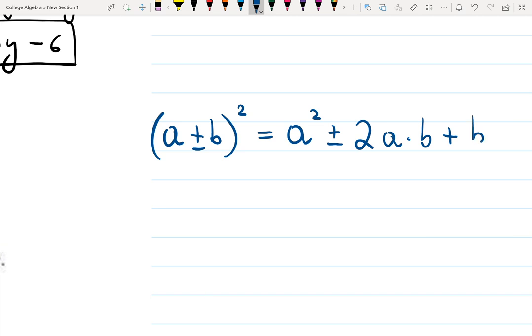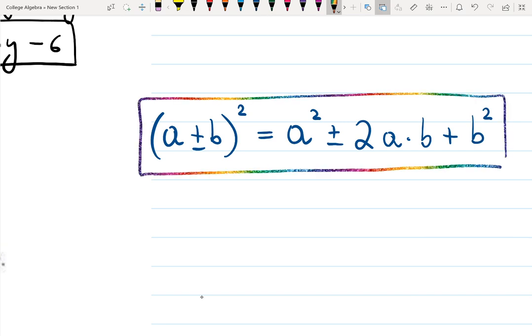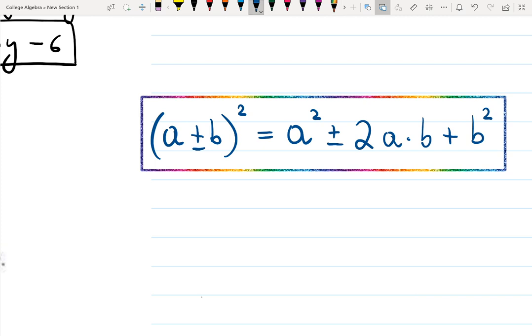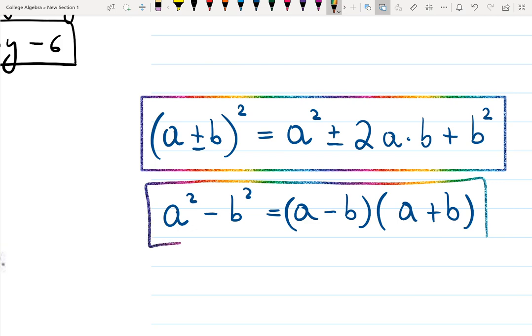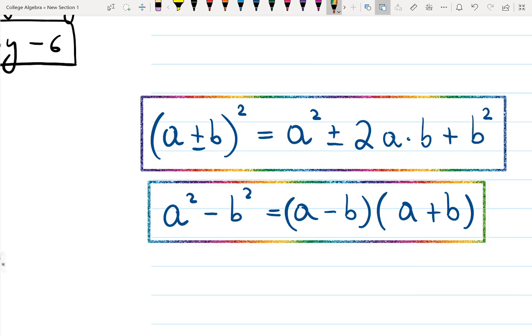Then you add the second term squared regardless of the sign, you always add it. This formula should be known really, really well. You will see it quite everywhere. And the second formula I want you to know is the difference of squares. A squared minus b squared is a minus b times a plus b. This formula is super popular as well, and it goes both directions.